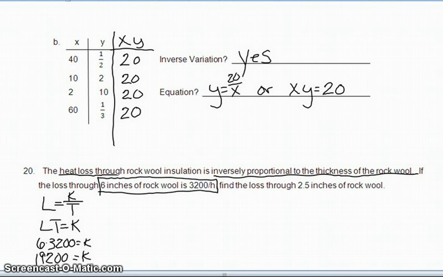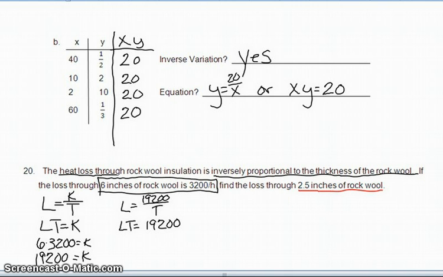Writing my generalized equation, I'm going to have L equals 19,200 over T, or LT equals 19,200. They mean the same thing. Now that I have my generalized equation, it's saying go ahead and substitute in 2.5 inches for the thickness and how much heat are we going to lose.